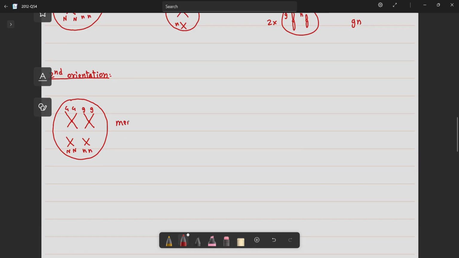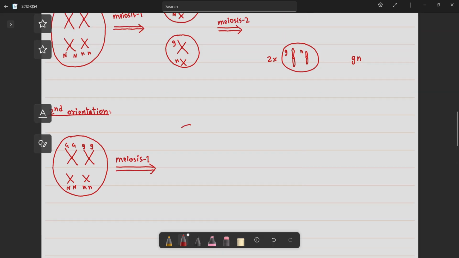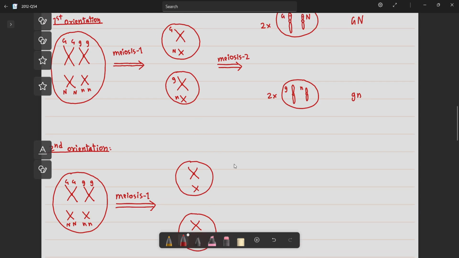Now it will go through meiosis 1, which will produce two daughter cells, and then two more daughter cells. As I've explained before, there are no homologous pairs here, because in meiosis they undergo homologous pairing where crossing over and independent assortment take place.